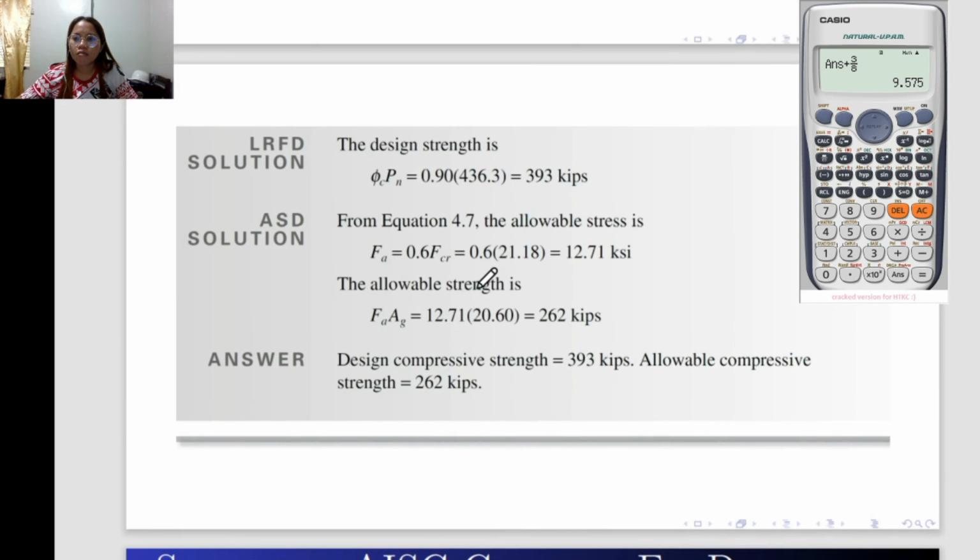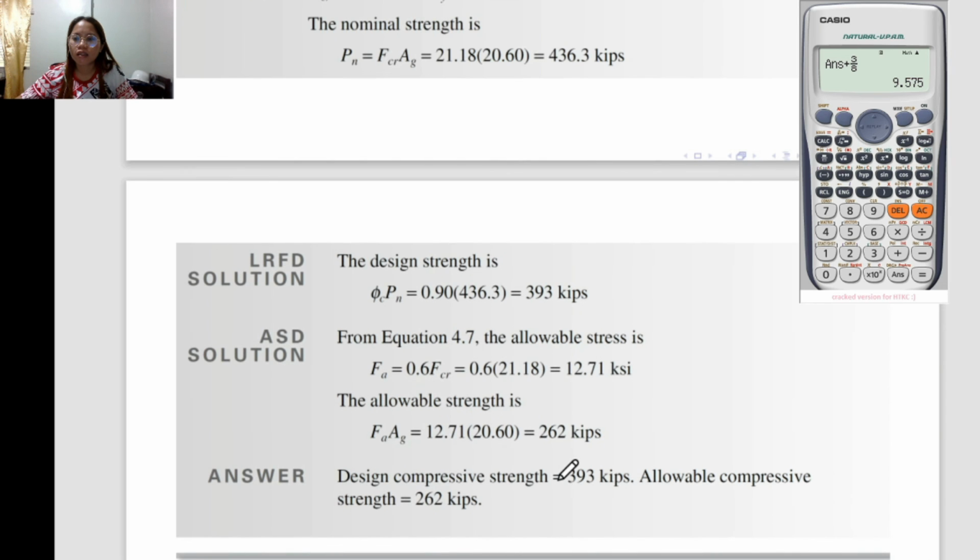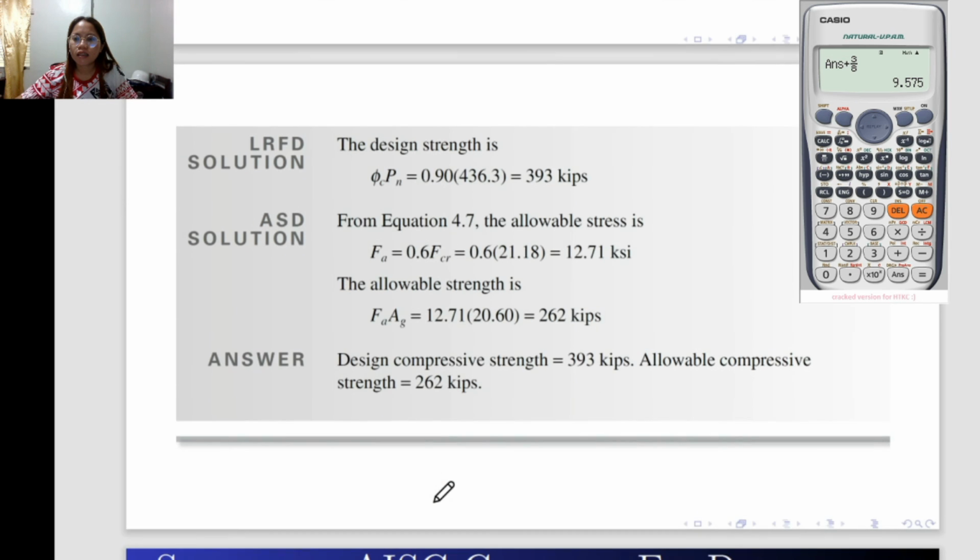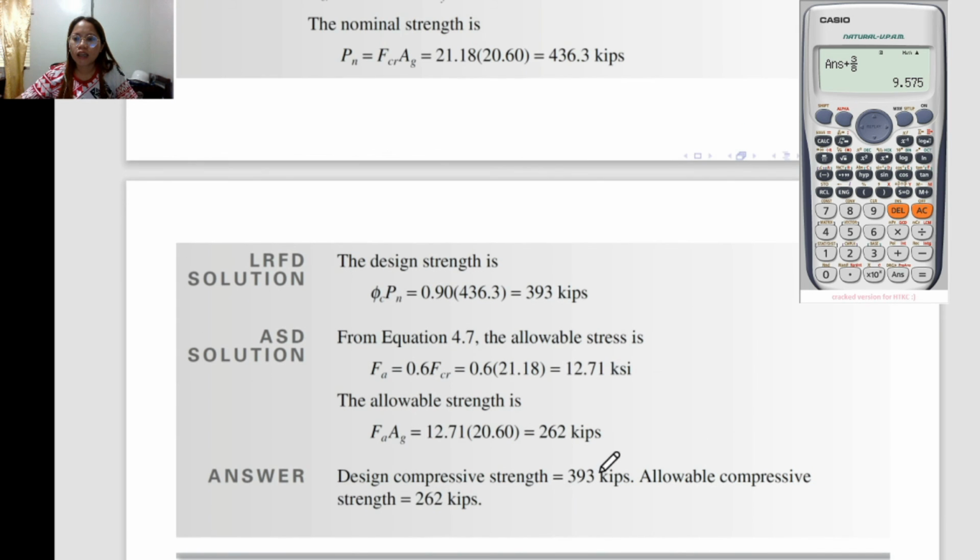So meaning, this is the design compressive strength. LRFD is larger compared to ASD. So we can maximize the design using the LRFD solution compared to the allowable compressive strength.